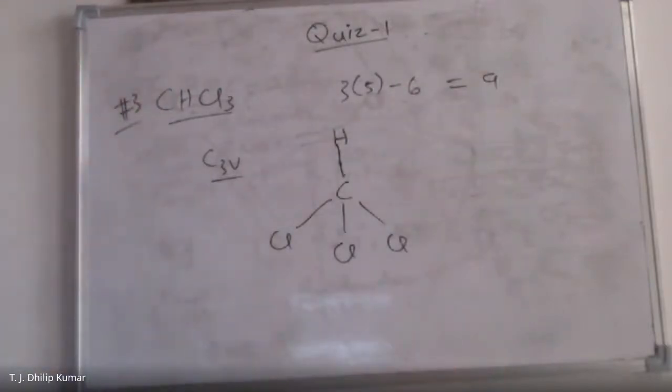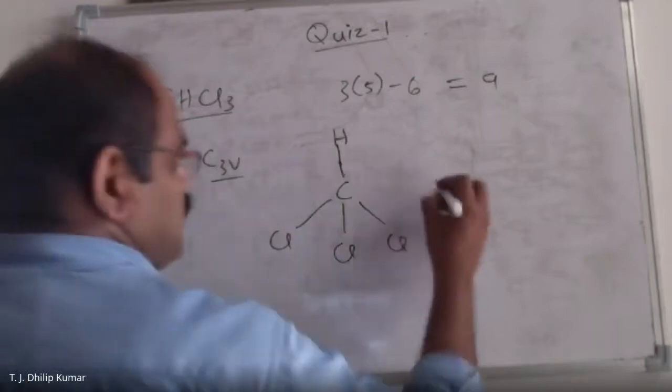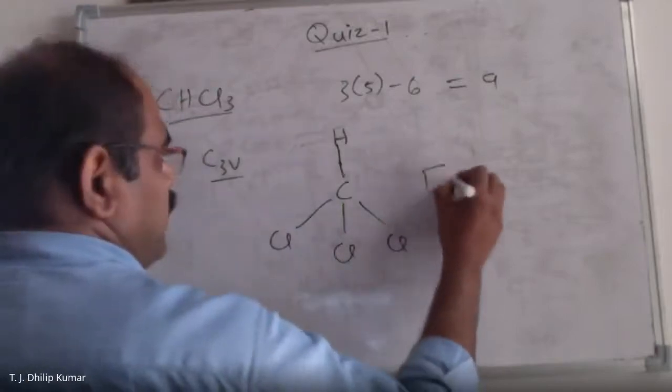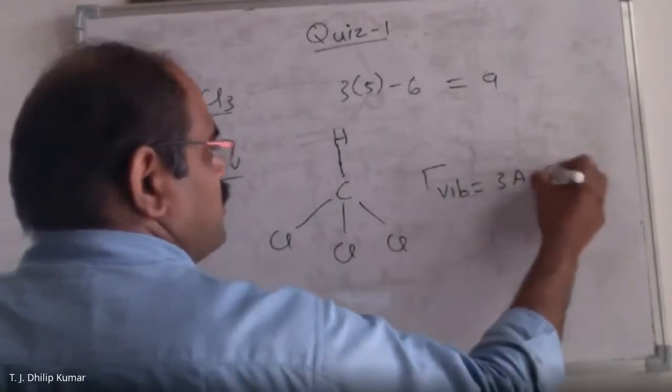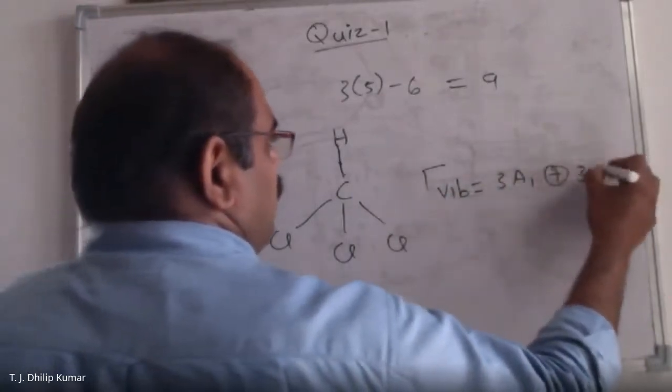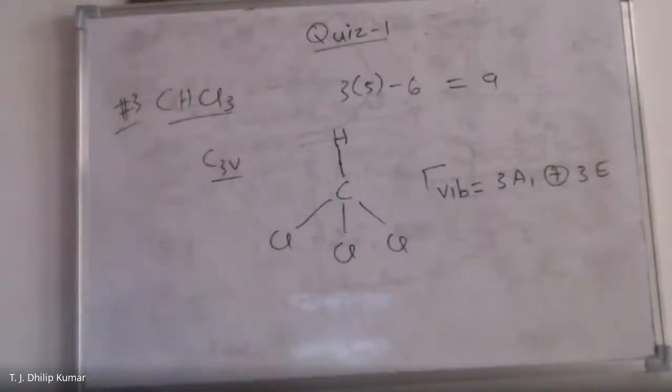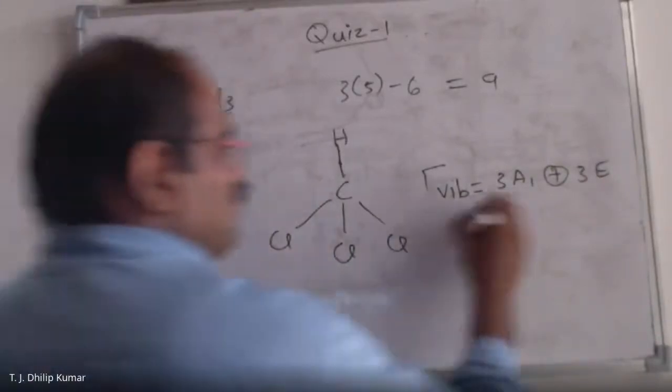So if you find out, the answer is all 9 are IR and Raman active. So it is 3 times A1 plus 3 times E. Okay, so this is the vibrational mode symmetry.